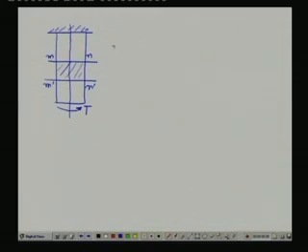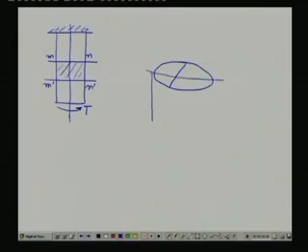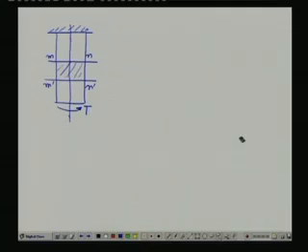Just please note that this is a circular member. So, obviously, we will be getting something like this, a section. Let me draw it a little neatly.